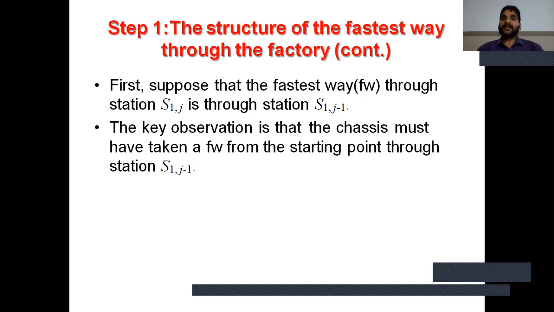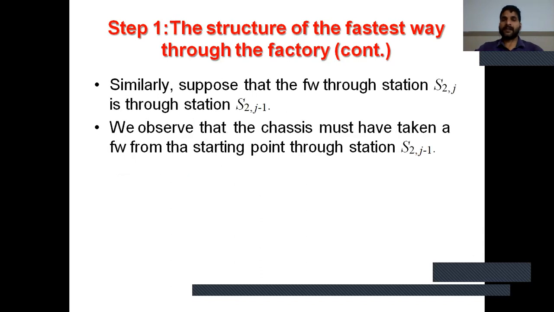Thus, first suppose that the fastest way through station S1,j is through station S1,j minus 1. Then the key observation is that the chassis must have taken a fastest way from the starting point through station S1,j minus 1. Similarly, suppose that the fastest way through station S2,j is through station S2,j minus 1.